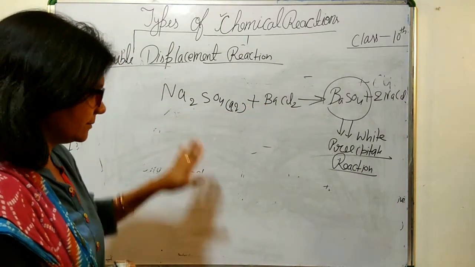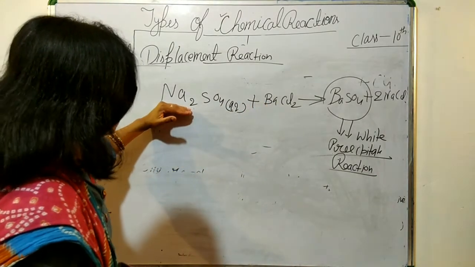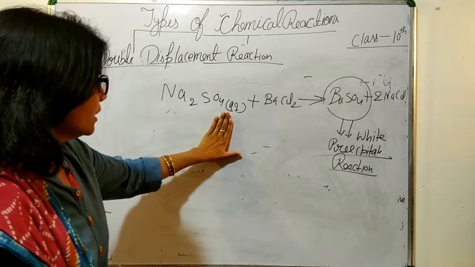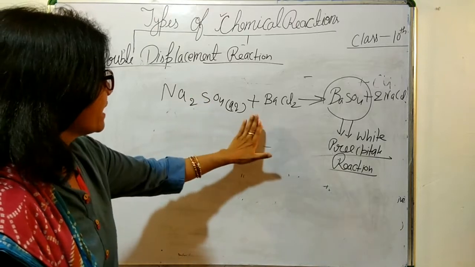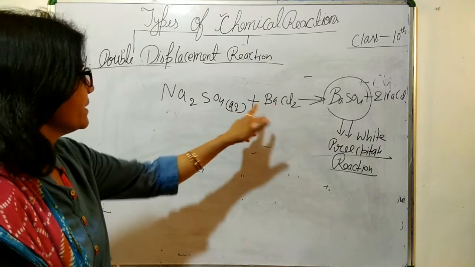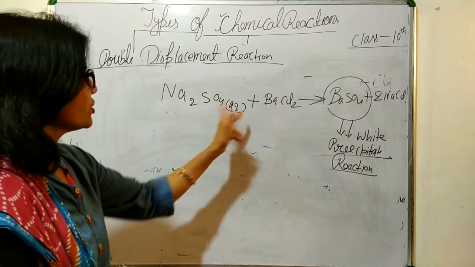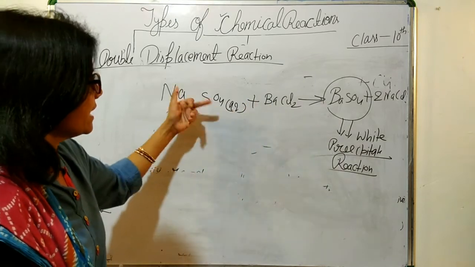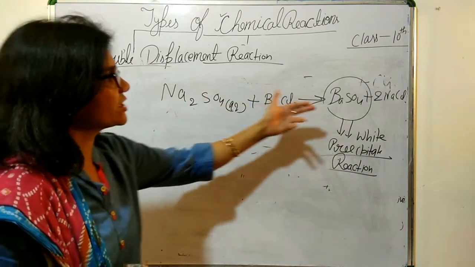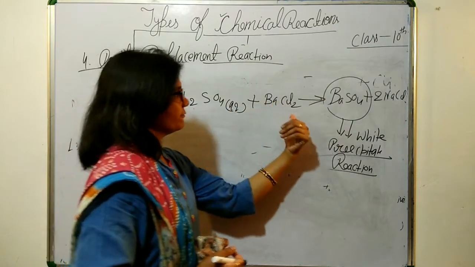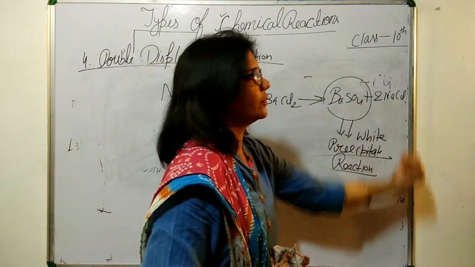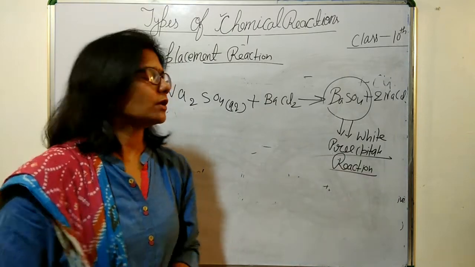What happens here? The ions SO4 and Na plus. Now Na plus and Ba exchange themselves, and Ba combines with the SO4 forming BaSO4, and Na combines with the chlorine to form sodium chloride, which is soluble.